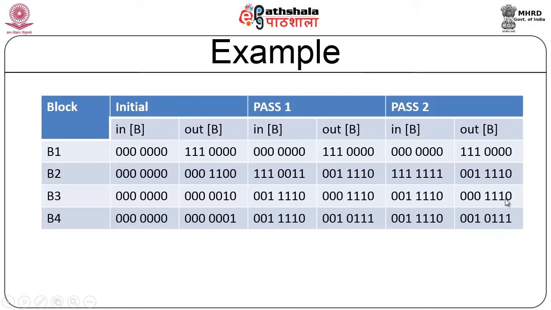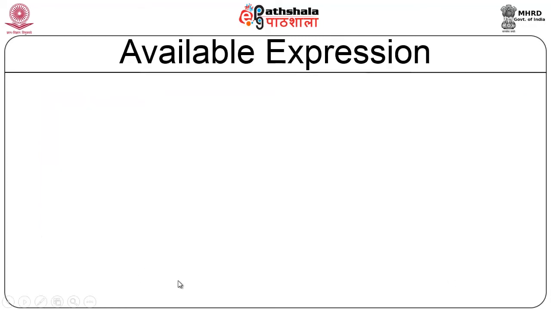Out of B3 is 111, that is, bits D4, D5, D6 are set, and if I look at out of B4, bits D3, D5, D6, D7 are set. So, if you follow one particular path, those variables will be available after exiting from this particular block, and if you follow an alternate path, what variables will be available is what is indicated here. So, this is used to compute the reaching definitions.